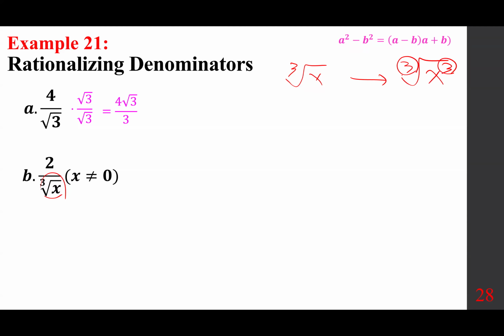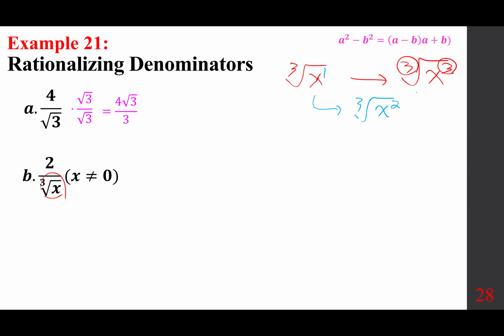These two must be identical. So if these two must be identical, then remember this one doesn't have an exponent, which means if I were to write it, the exponent is 1. So in order for it to come out, it can't be multiplied by cube root of x, but rather by cube root of x squared. And that's the key you need to remember.